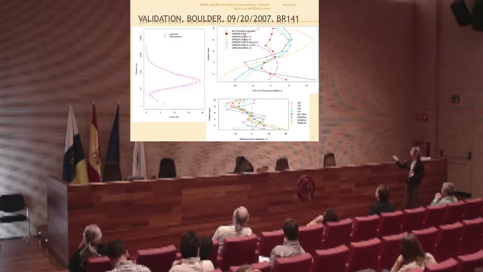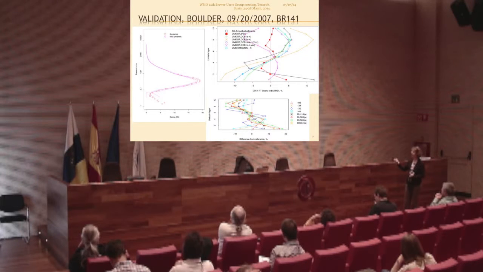Then you have temperature corrections that give you some sensitivity if you don't put the correct temperature in your cross-sections. By the way, this one is the reference. Basically, I'm plotting everything against the standard Umkehr profile retrieval.